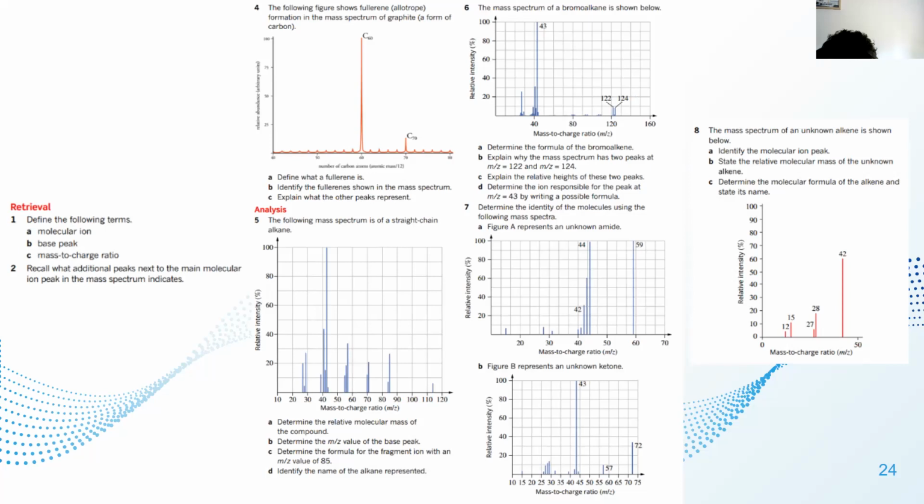What would be the formula for the fragment ion with the M/Z value of 85? So it's an alkane, using that formula that we used before. CnH2n+1.